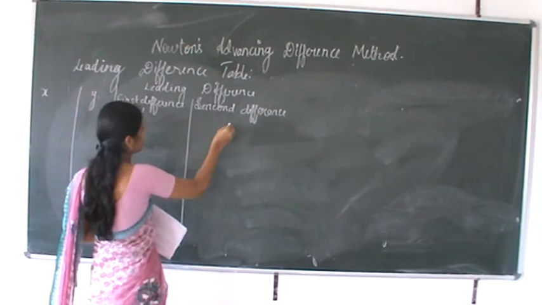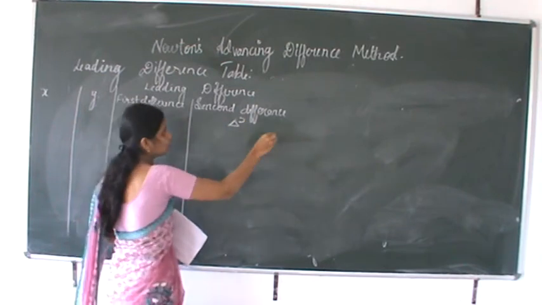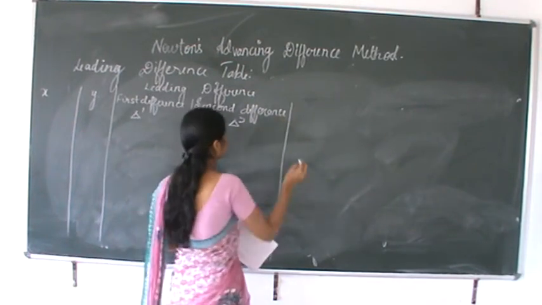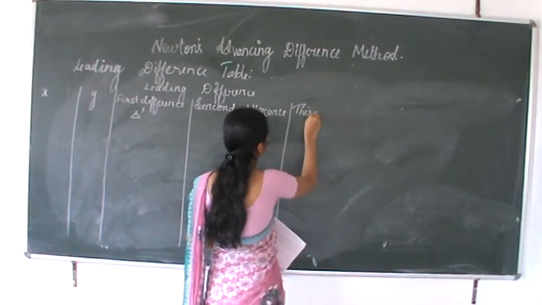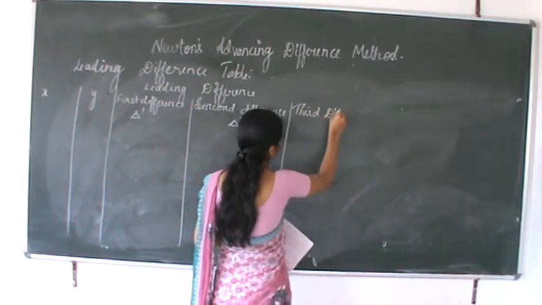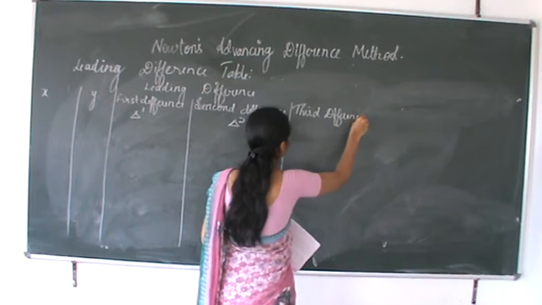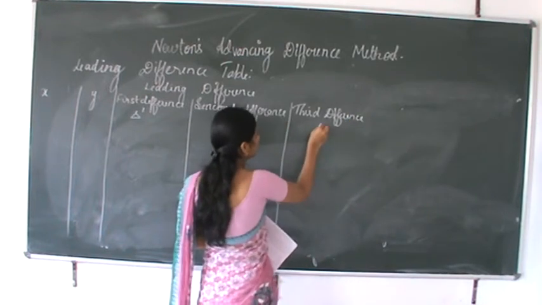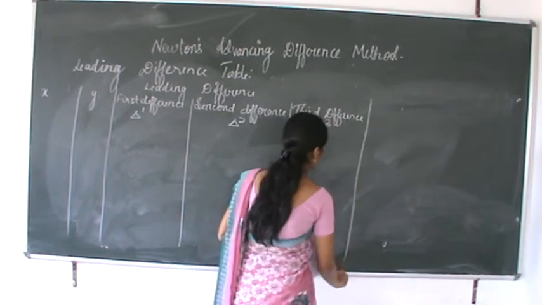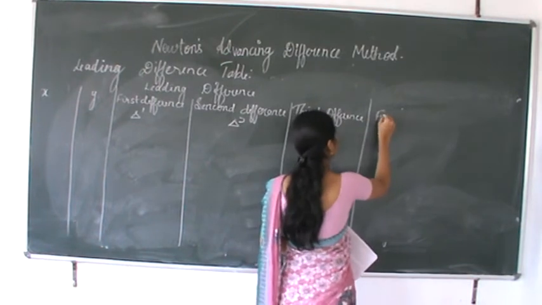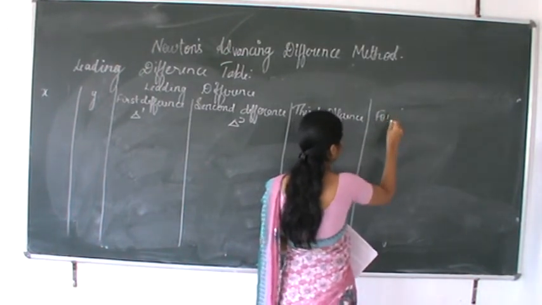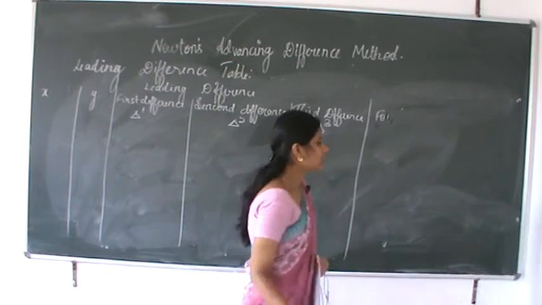Second difference is denoted by delta raised to 2. Next, third difference. That is delta raised to 3. Lastly, next fourth difference. Up to known values of y, you have to find out the leading difference.